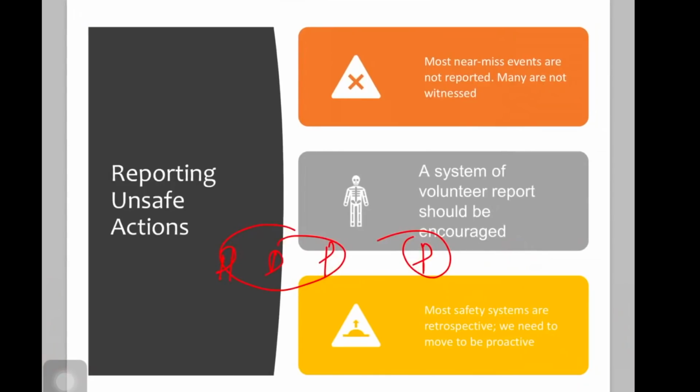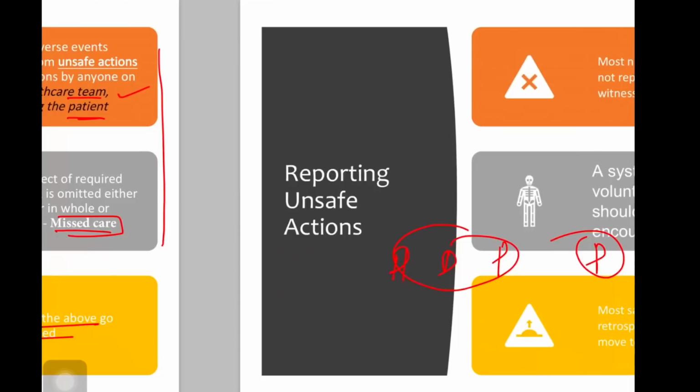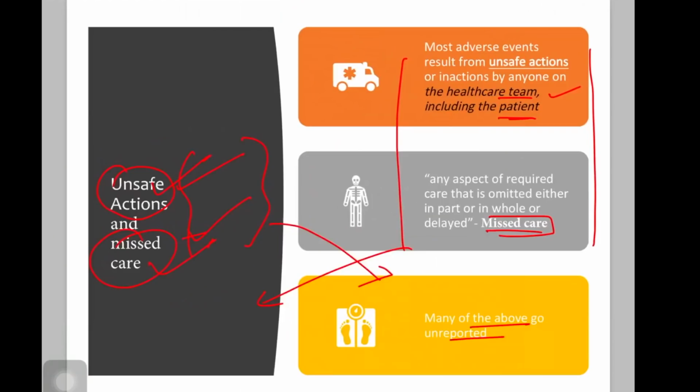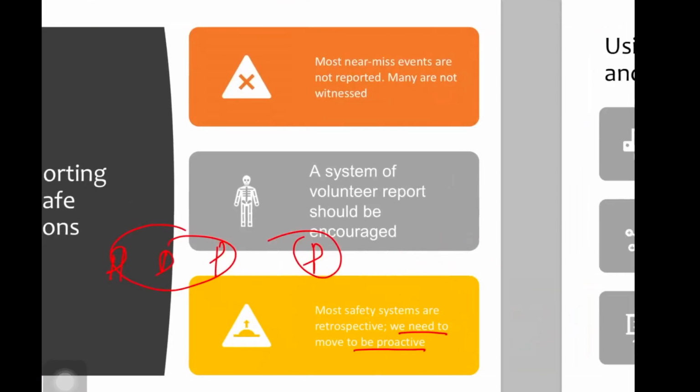Therefore, we say that most safety systems are retrospective, and we need to move to being proactive. As any kind of event happens that could result in an adverse event, or in harm to a patient or the people involved with the patient, it should be reported.